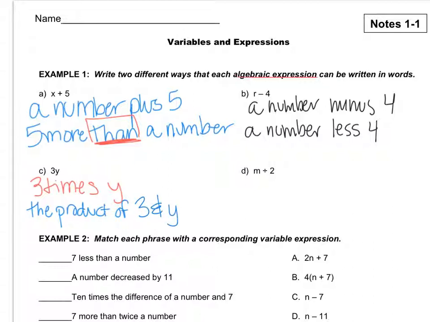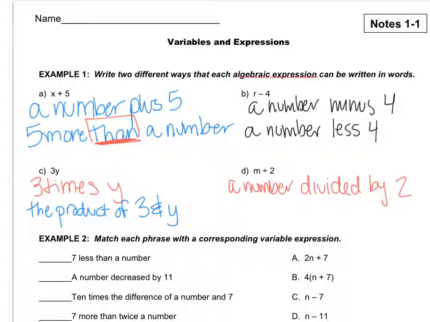Okay, on the last one, letter D, this is m divided by 2. So you can say a number divided by 2. Another word for division is quotient. If you're going to take the quotient of two things, whatever is listed first is going to be your numerator.